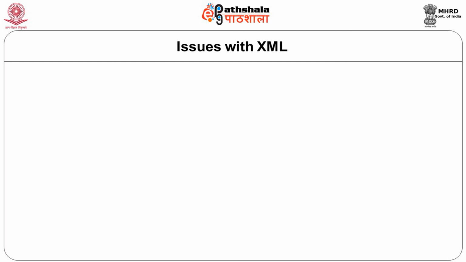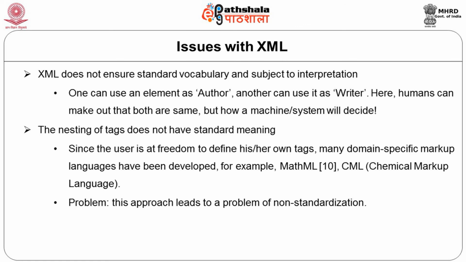However, there are also issues, as nothing is perfect, nothing is ideal. There are some limitations with XML. For example, XML does not ensure a standard vocabulary and is subject to interpretation. So whether you use author or writer, there is no standard; you use whatever you want.